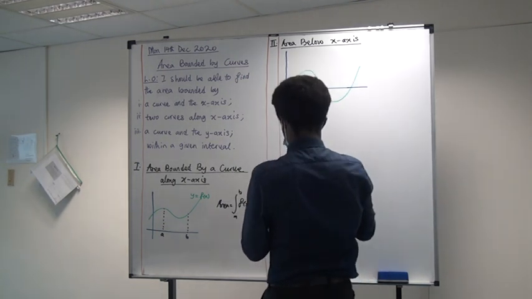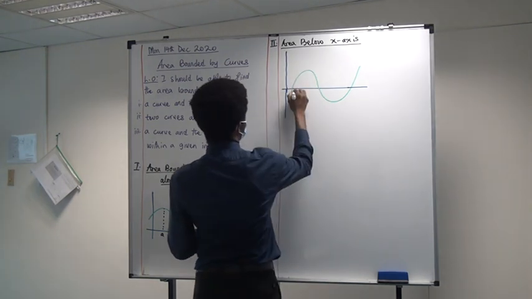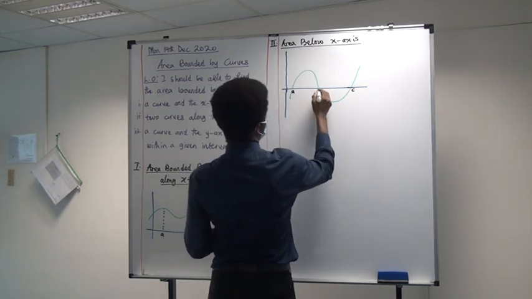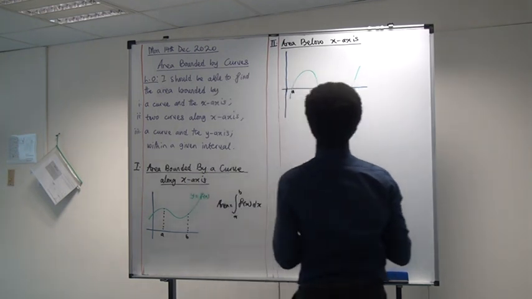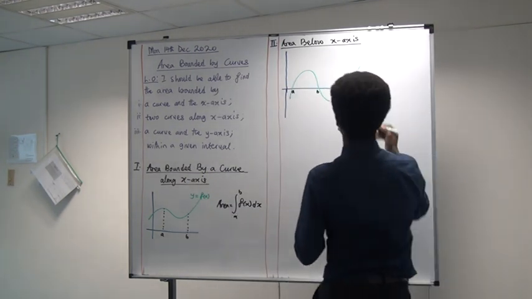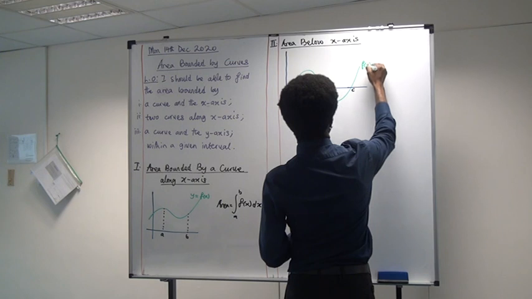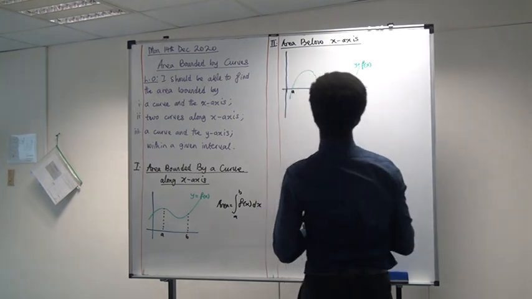So we are interested in the area from A to C, but there's a point B here. So this is y equals f of x again.